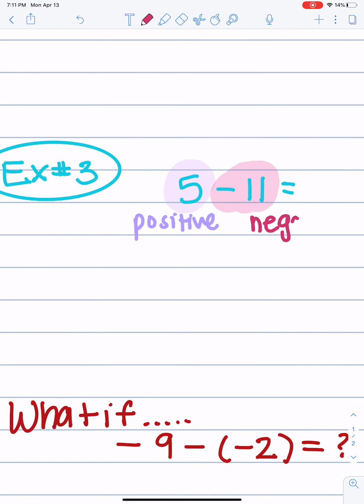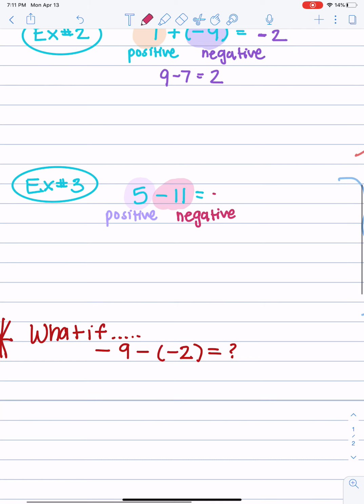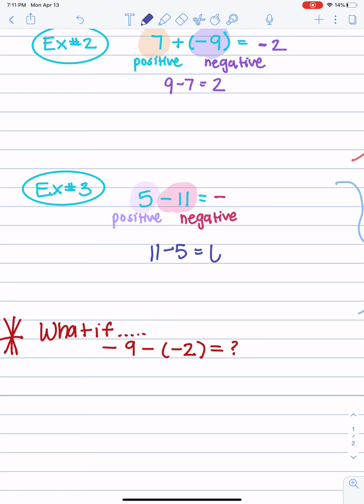Negative. What do I have more of, positives or negatives? Negative. So my symbol is going to be negative. And now I subtract. 11 minus 5 equals 6. So my answer is negative 6.